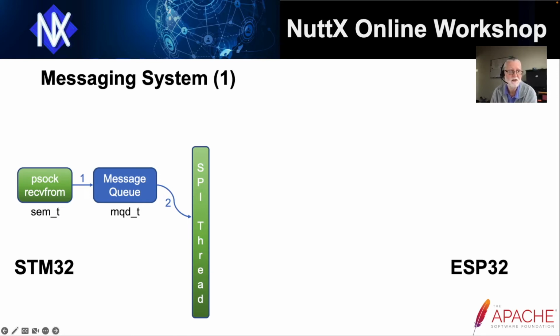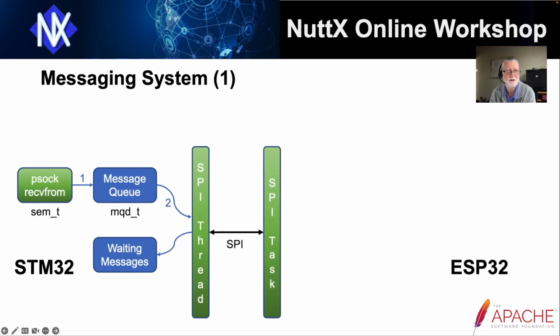So in this case, PSOC, we've created a semaphore because it's a blocking message. So once the SPI thread has received that, part of the process is to keep a record of the messages which we're waiting for a response. Once we've added that message to the waiting queue, as in waiting for responses, we can then send the message over SPI through to the ESP32.